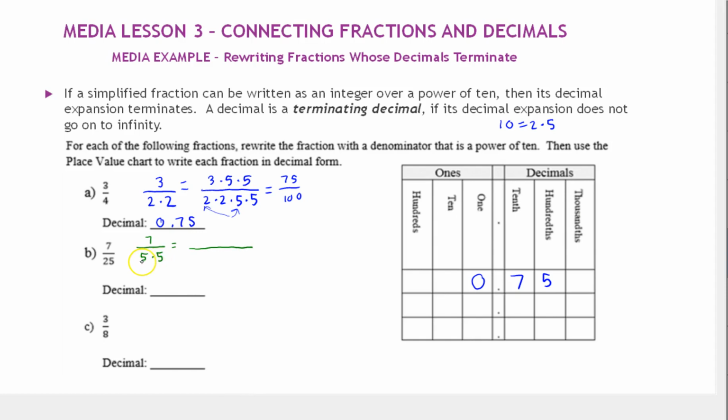I'll need another factor of 2 for each factor of 5. So we have 5 times 5. I'm going to add 2 factors of 2, one for each factor of 5, and whatever I do to the bottom, I'm also doing to the top.